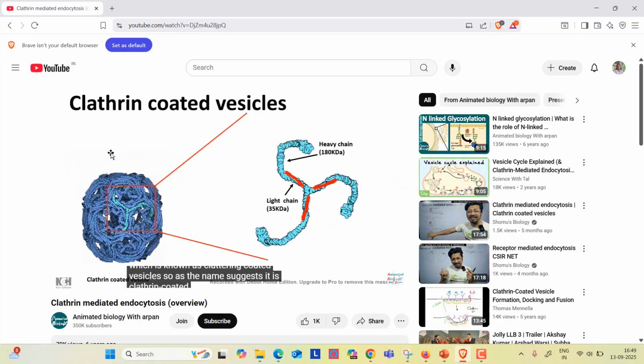As the name suggests, it is coated by clathrin, and clathrin is produced as a complicated lattice of triskelion molecules. The triskelion molecules, as depicted here, have a heavy chain of 180 kilodalton and a light chain of 35 kilodalton, and these attach to each other at their head domain and form a complicated lattice all around the vesicle.